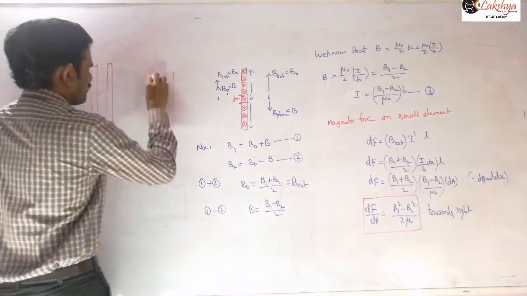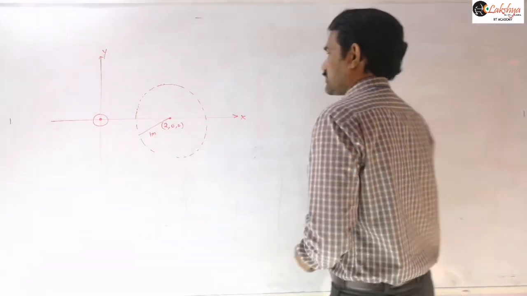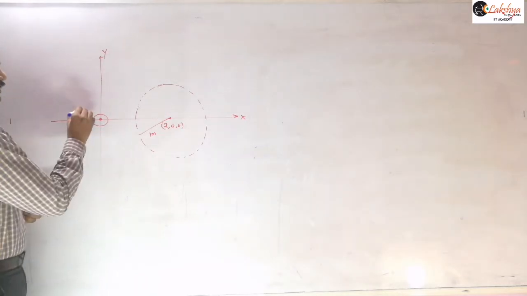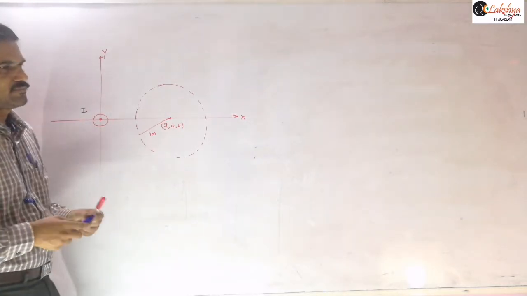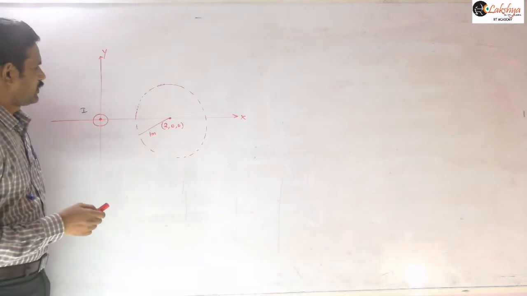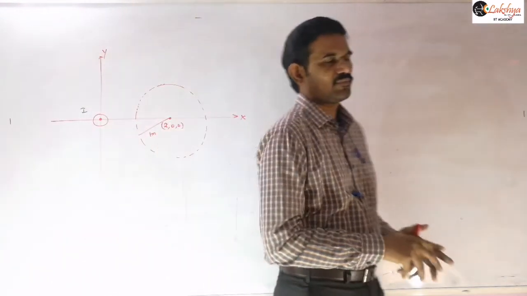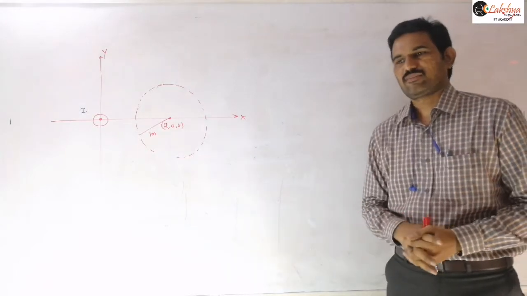And similarly, next write this problem here. A long current carrying conductor is carrying current I along the positive z axis.